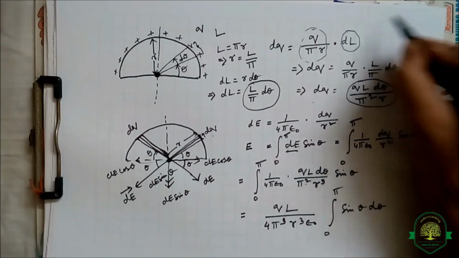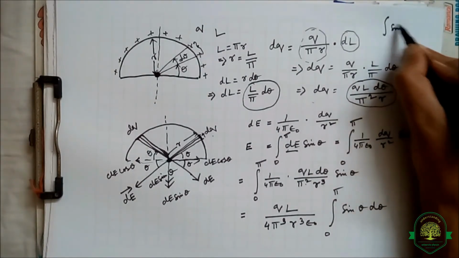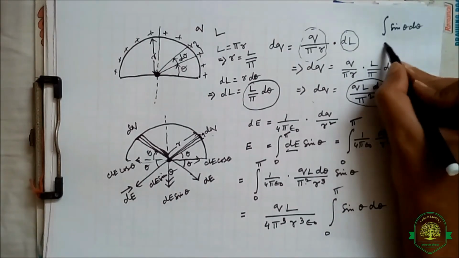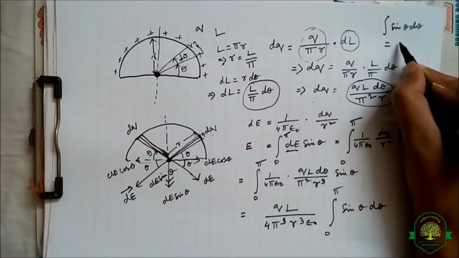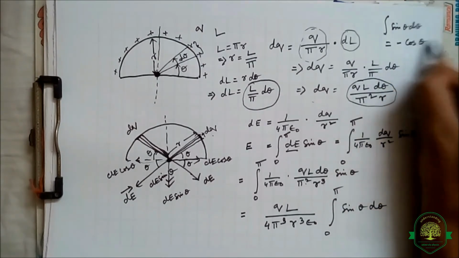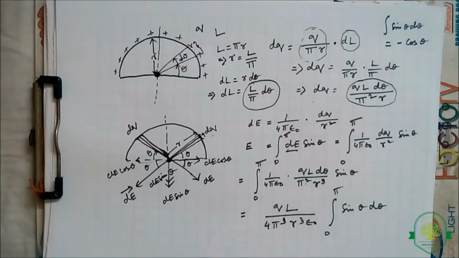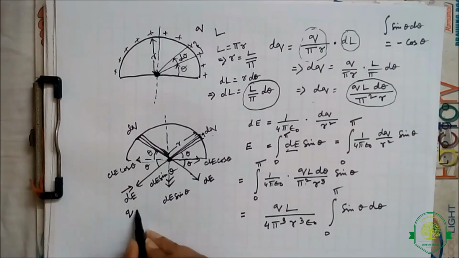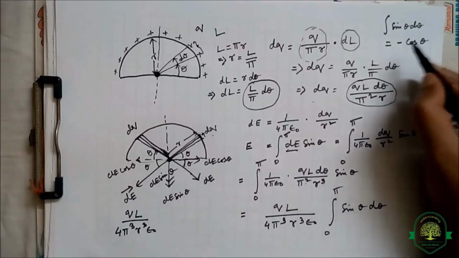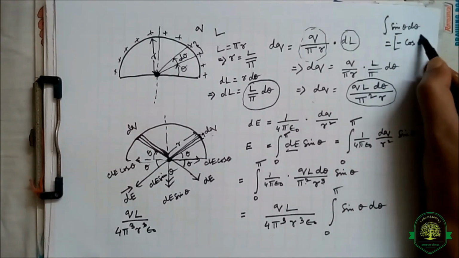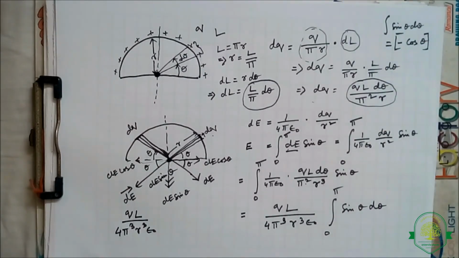So what is integration of sin theta d theta? That's just minus cos theta. So this expression now becomes QL over 4 pi cubed r cubed epsilon naught. And what are the limits after integration? The limits after integration are from 0 to pi.